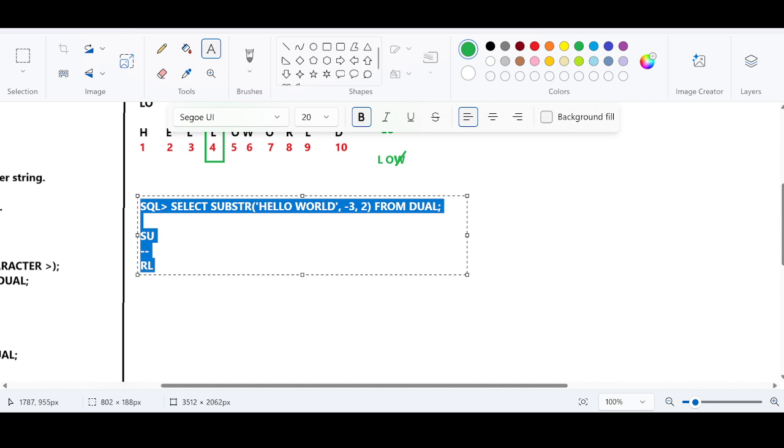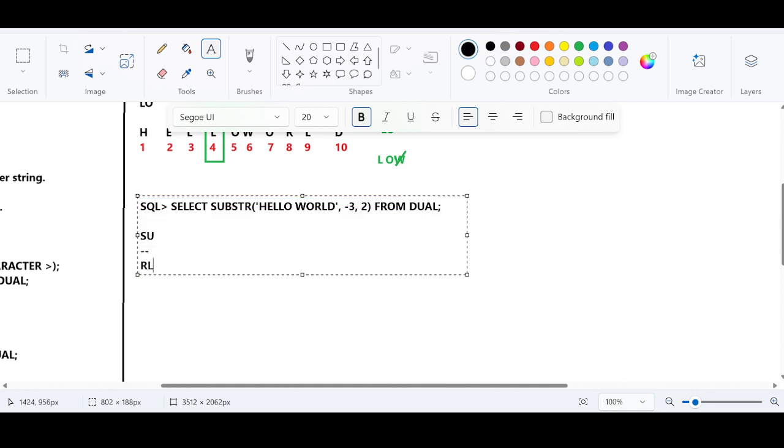We are passing -3 as a position. So -3 means the counting will start from right to left. You have an option to count this from right to left.